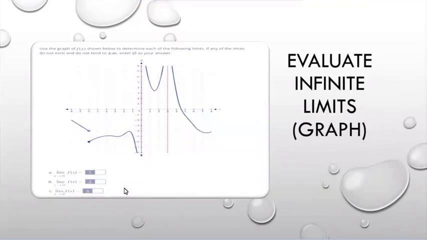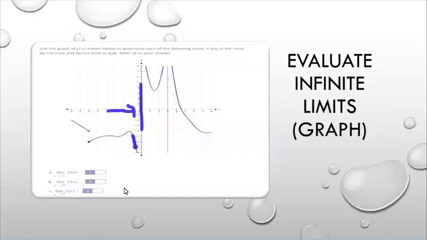Right, example number 2. If we have this function now, again, we have our graph, and we are going to approach 0. So this is our x equals 0. That is the vertical asymptote that we're talking about, the y-axis. So let's just do A first, which is the limit when x is approaching 0 from the left.